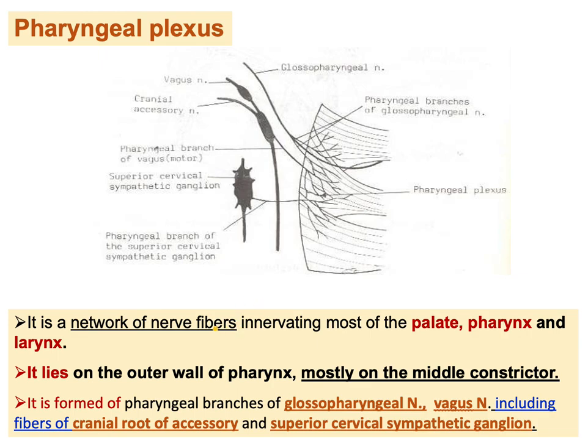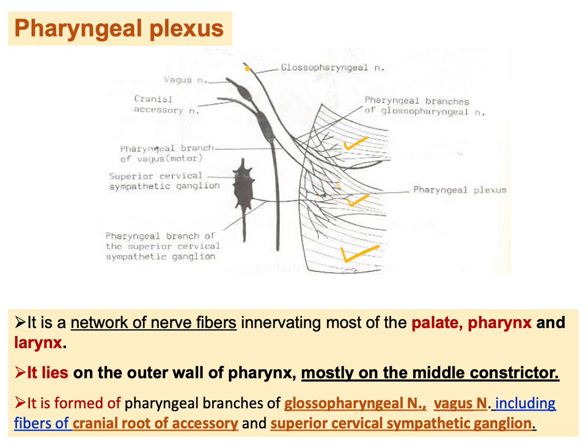We already had this one, the pharyngeal plexus, explained in the previous lecture, but let me show you that this is the superior constrictor muscle, middle constrictor, and inferior constrictor muscle of the pharynx. You look at the plexus here, called the pharyngeal plexus, because it is located mainly lateral to the wall of the pharynx, exactly, mostly lateral to the outer wall of the middle constrictor muscle.